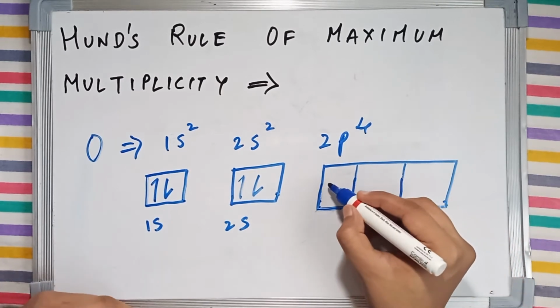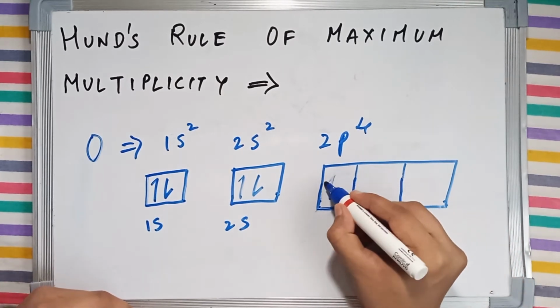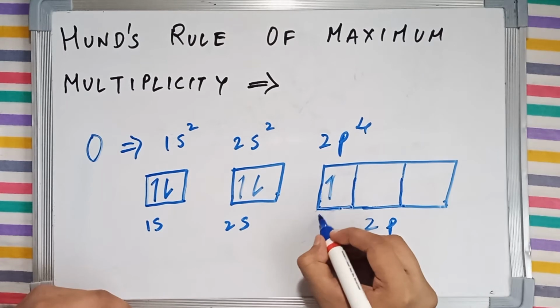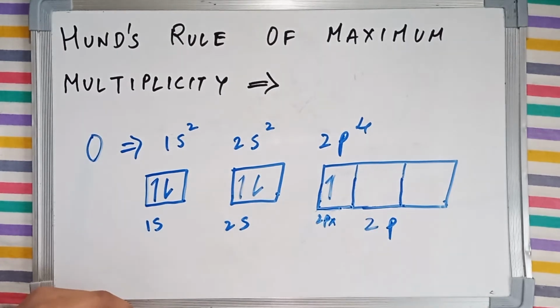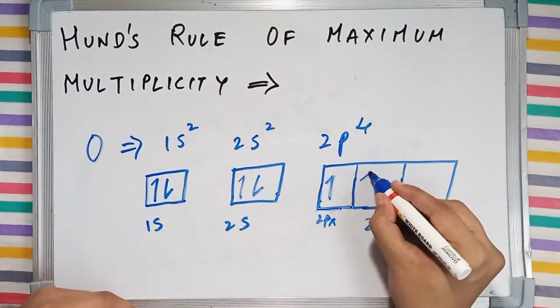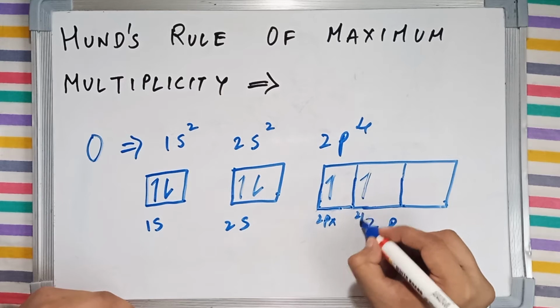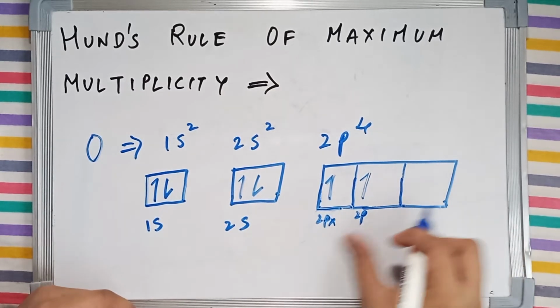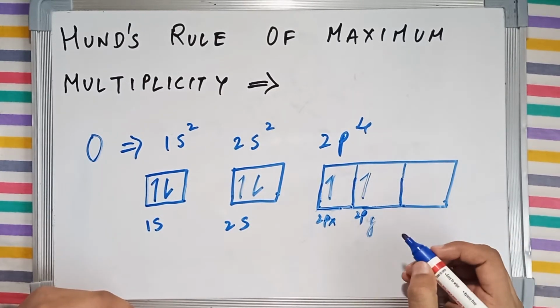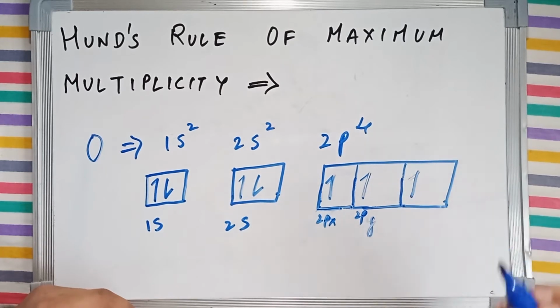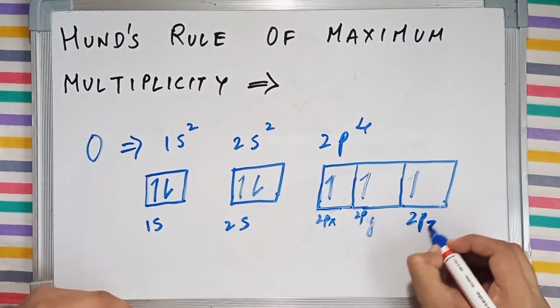So one electron in the 2px orbital. This one is the 2px orbital, this is 2py, and this is 2pz. The second electron goes in the 2py orbital, and the third electron in the 2pz orbital.